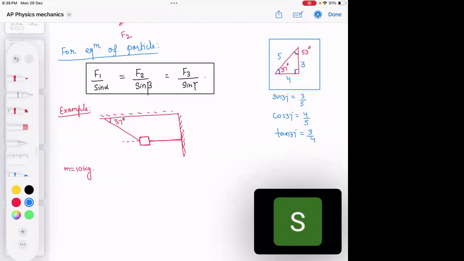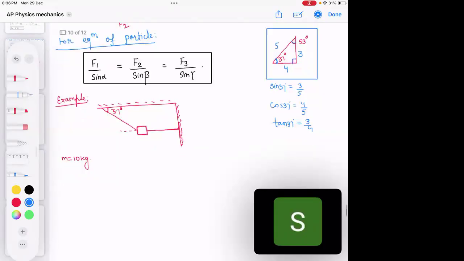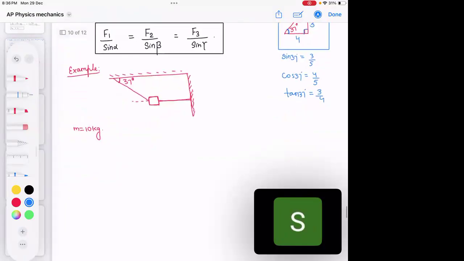That's why instead of giving you the angle as 30 degree, 45 degree, 60 degree, they will give you 37 degree, because sine and cos both give a very nice value. So here in the question, find the tension in both the strings. These are two different strings. Find the tension in both strings.